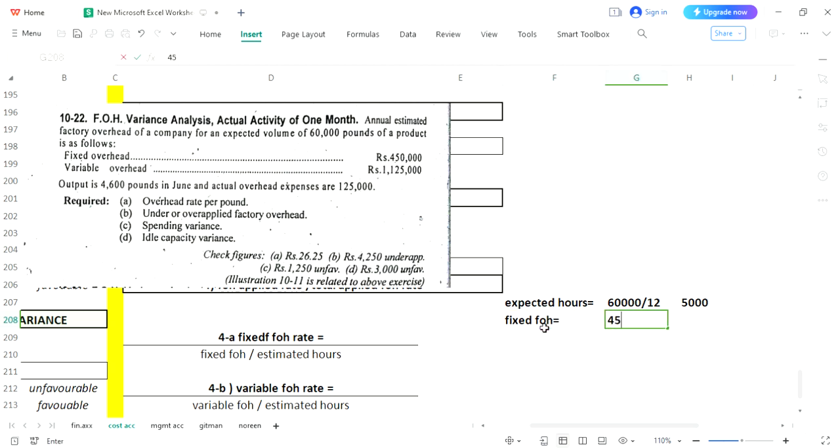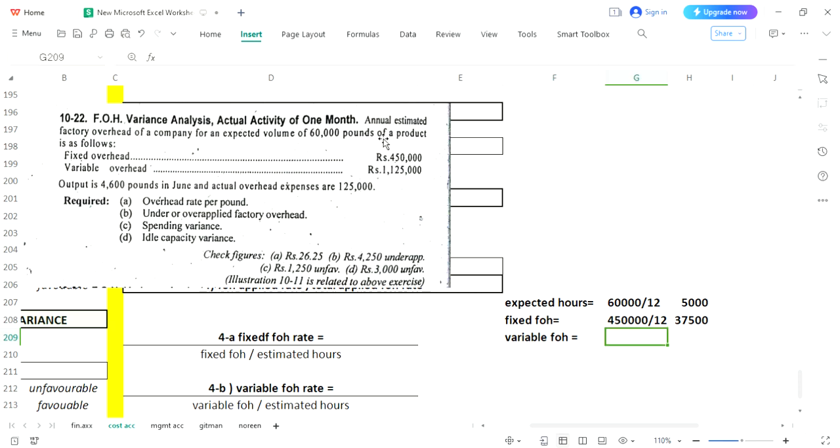Take 4,50,000 and divide it by 12. Now you get the fixed FH per month. And finally, the third amount, variable FH, which is 11,25,000 for the full year. Since it is for the full year, you need to change it to a month.